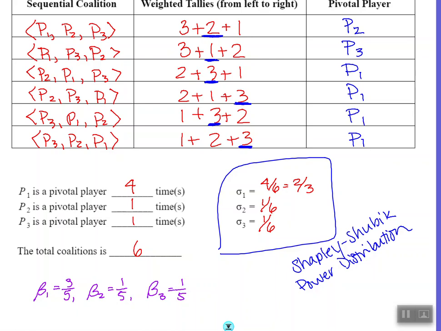It's basically impossible to list out all of the millions, billions of sequential coalitions. So you have to get a little bit fancy with your counting methods, maybe use some computers, some combinations and permutations, and that kind of stuff that we have learned previously to make it more efficient.